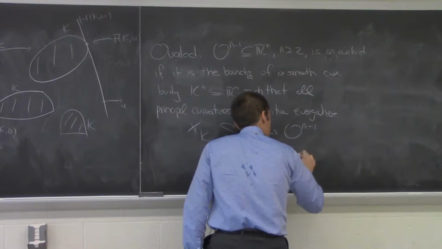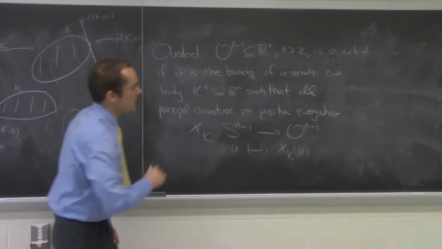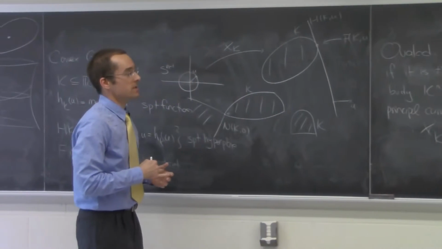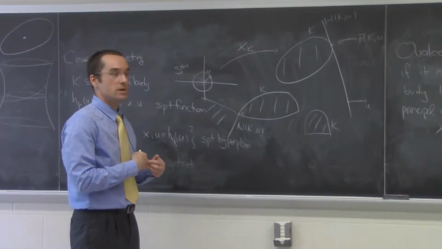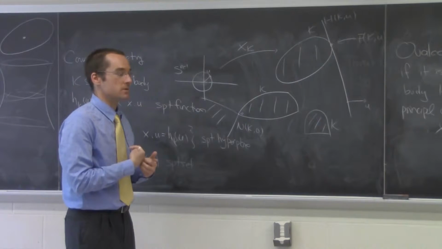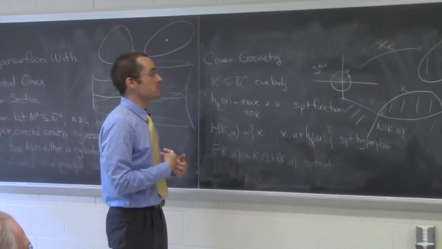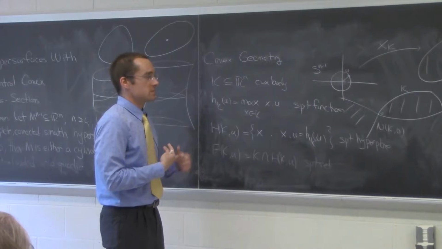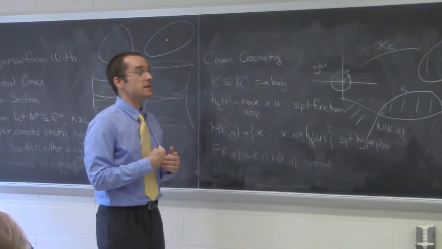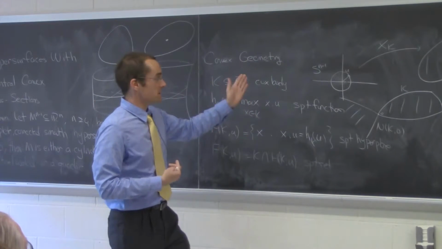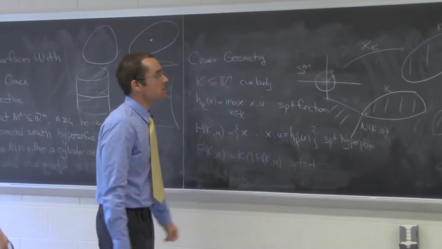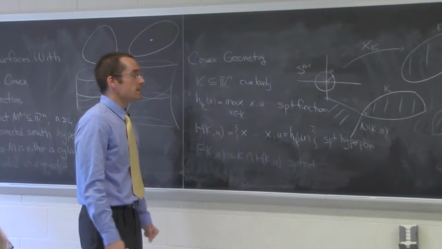Now, how do I describe this X_K(u) analytically? This is the part I skipped, but let me come back to it. Now the objective is to get an analytical description of X_K(u), not just as the inverse of the Gauss map.